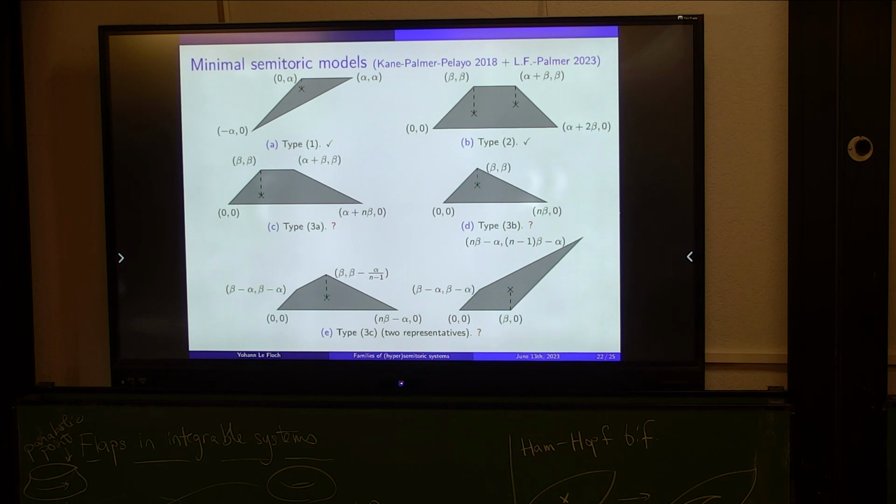So these are the systems, the polygons, that cannot be generated from others, and that generate every other semitoric polygon by performing a sequence of these two types of blow-ups. Or equivalently, somewhat easier, I guess, you look at this list, you can never perform any blow-down to them. And these are the only ones.